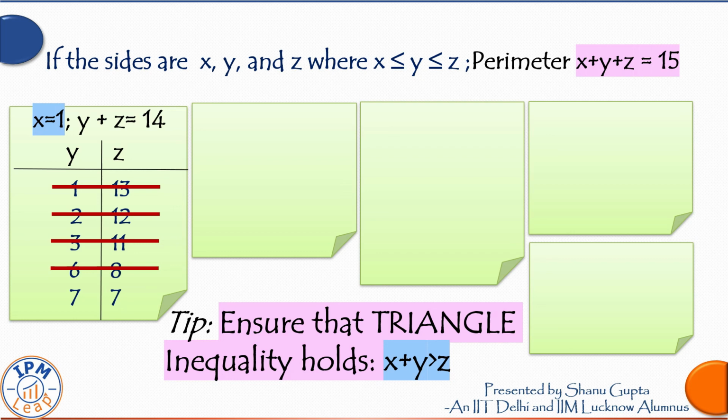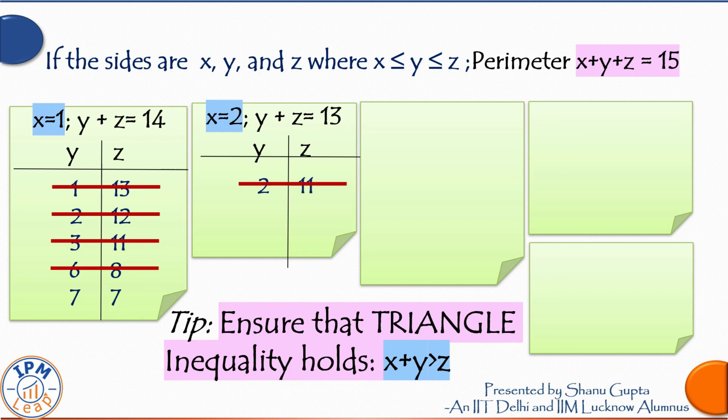Similarly, we need to count our options for other values of x. Watch the counting process play out on your screen. I'm sure you just need to understand and practice this question on your own once.